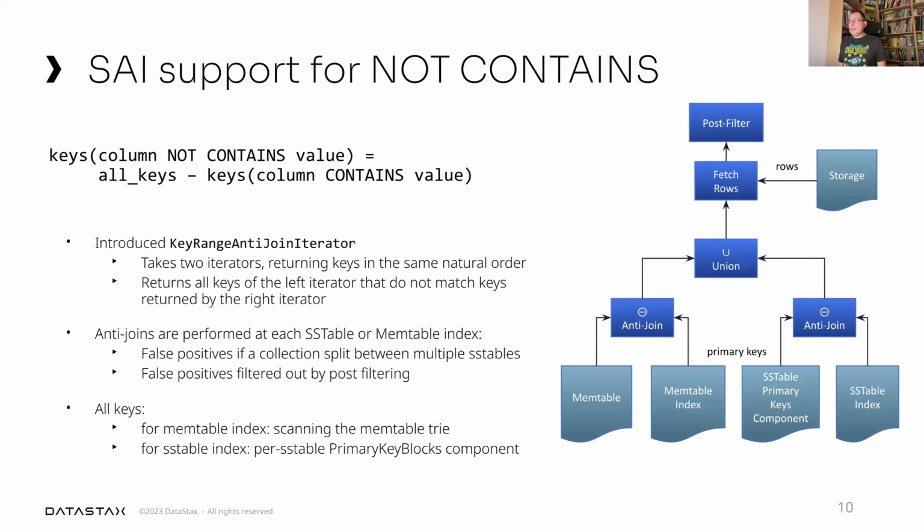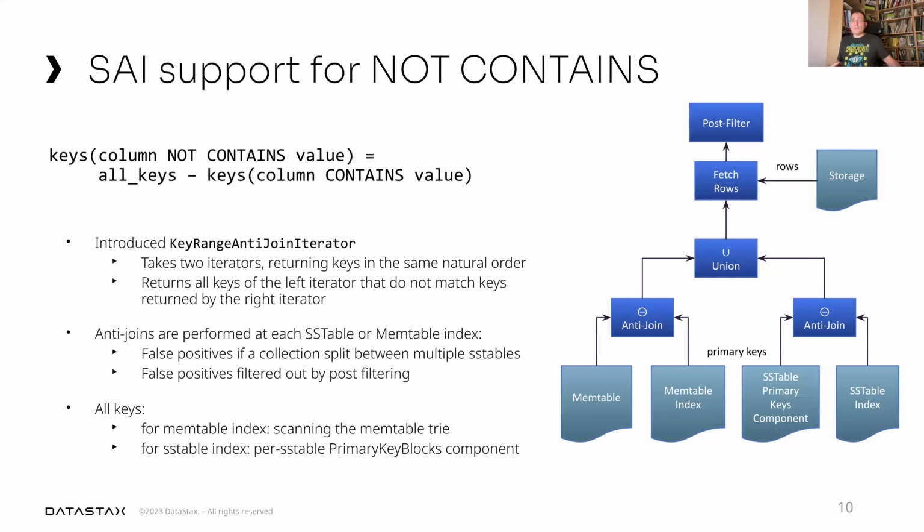The last thing I wanted to explain was how we make those queries with storage attached indexes. The essential part of that was the anti-join operator. It takes two iterators and returns all the items from the first iterator that don't match on the second iterator.